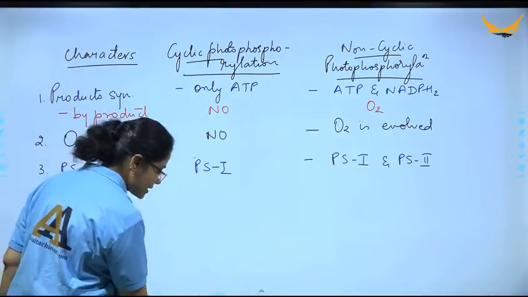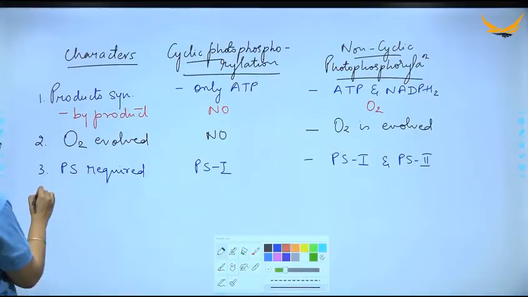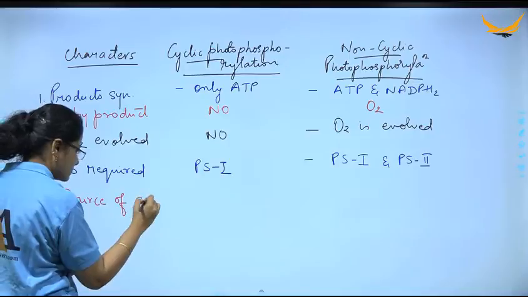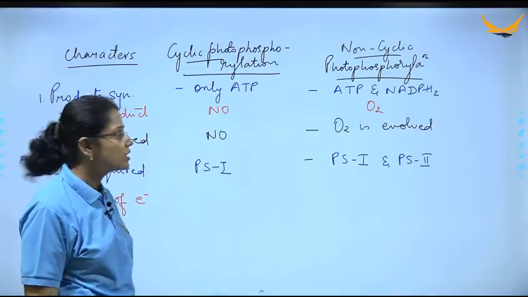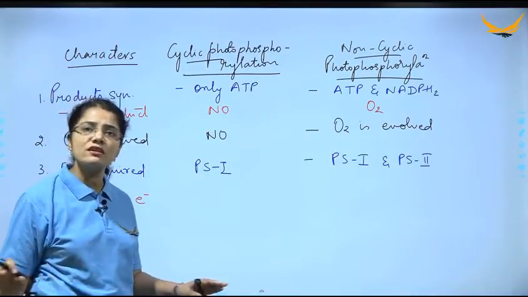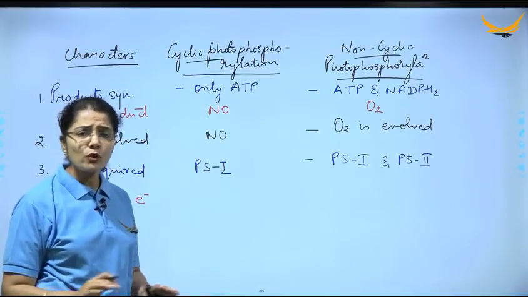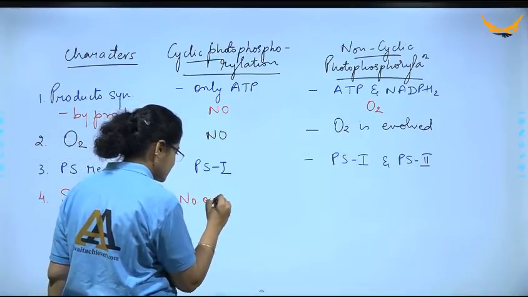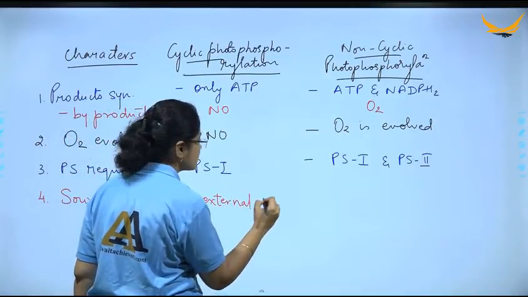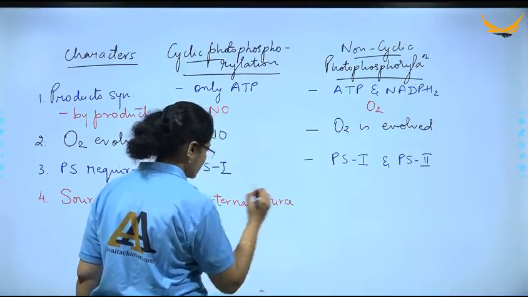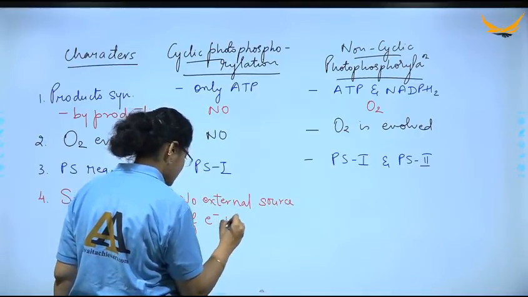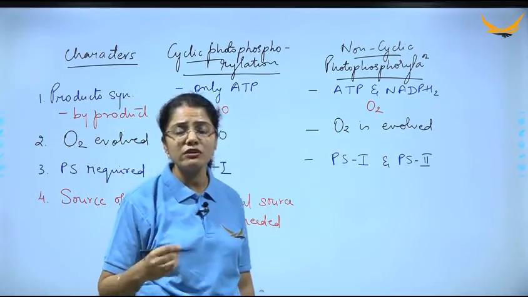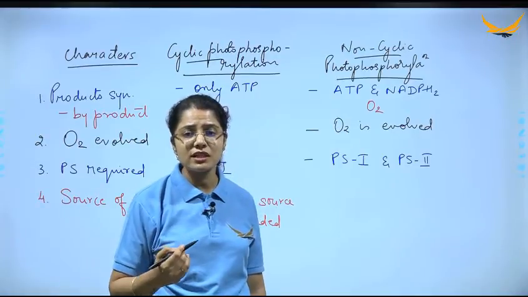Then let us take up the source of electrons. Now in case of cyclic, there is no external source, right? So no external source of electron is needed. Whereas we know in case of non-cyclic, whatever electrons PS2 has lost, they need to be replenished.